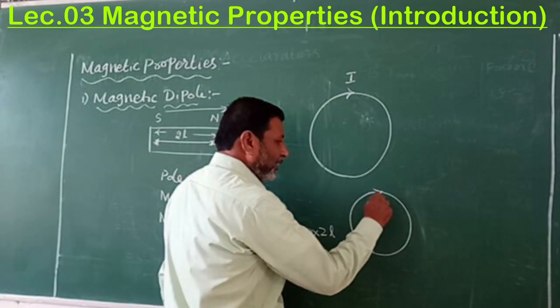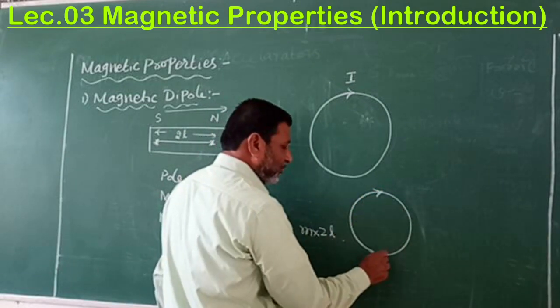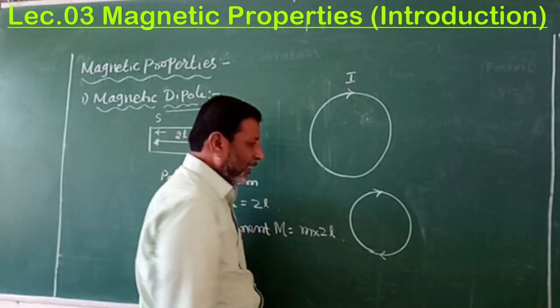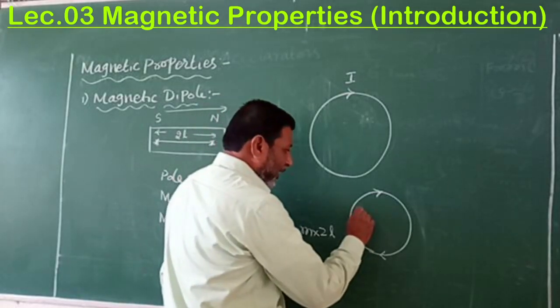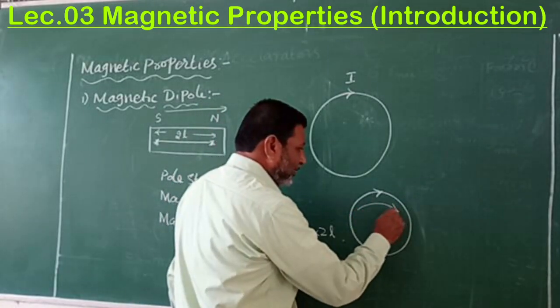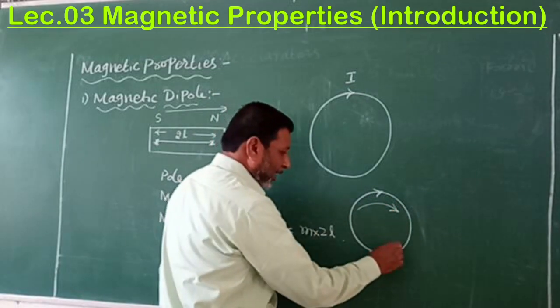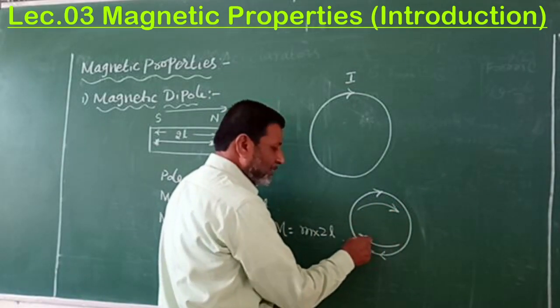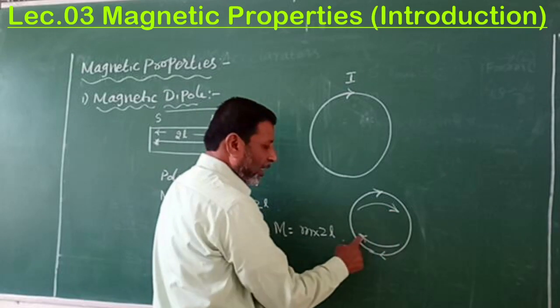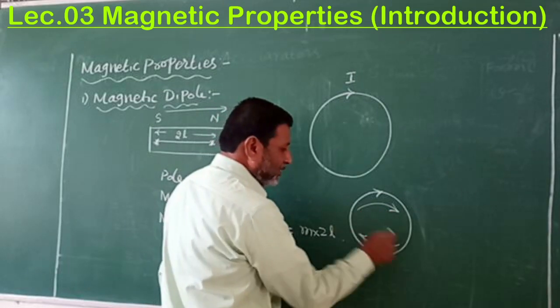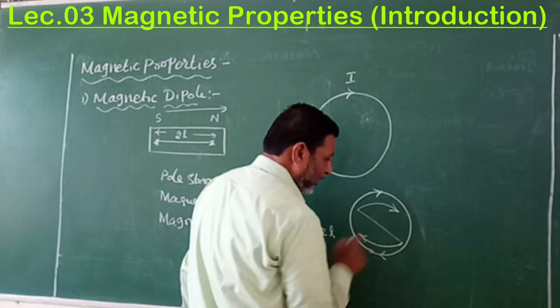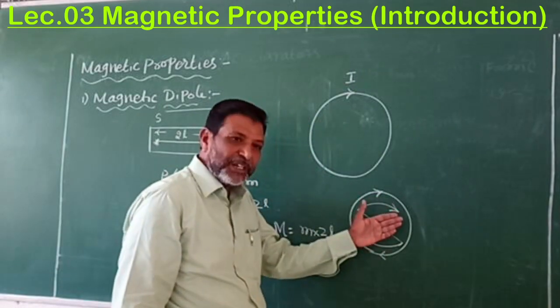If the current in the loop is in clockwise direction, like this, here the direction of the current is like this, and here the direction of the current is like this. These two are arrows. Now join the tails. How does it look to you?